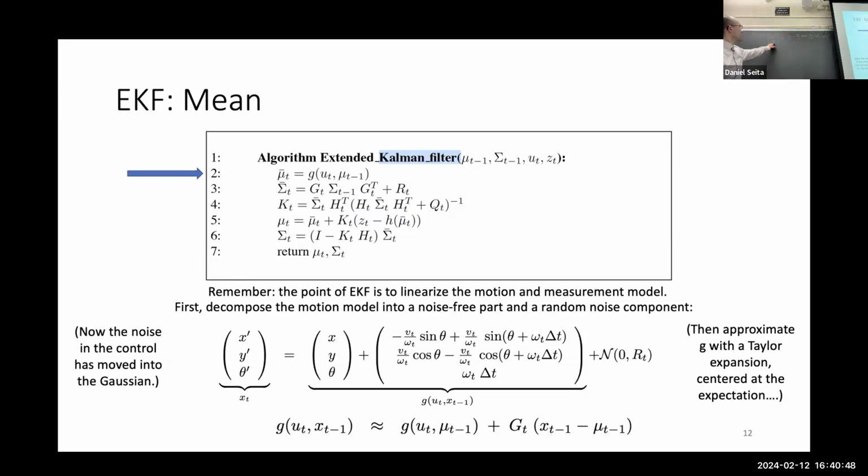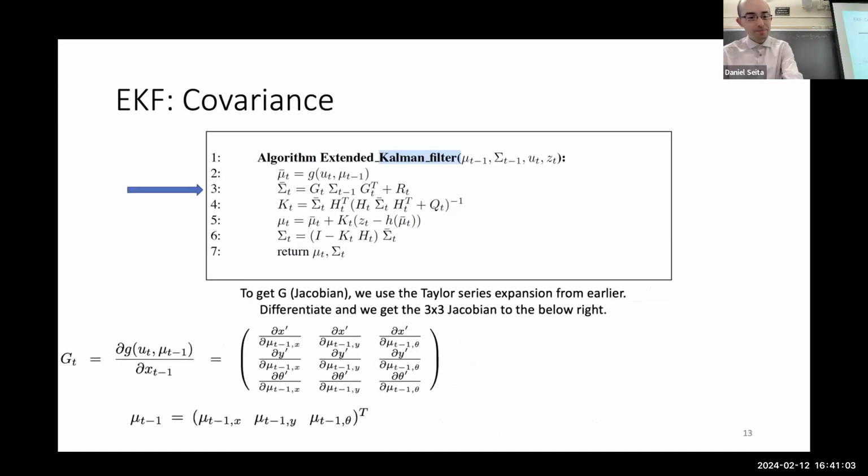Now what is happening is you're differentiating with respect to something, right? So we're differentiating with respect to theta. The reason is the Jacobian is defined on the input mu t minus one.